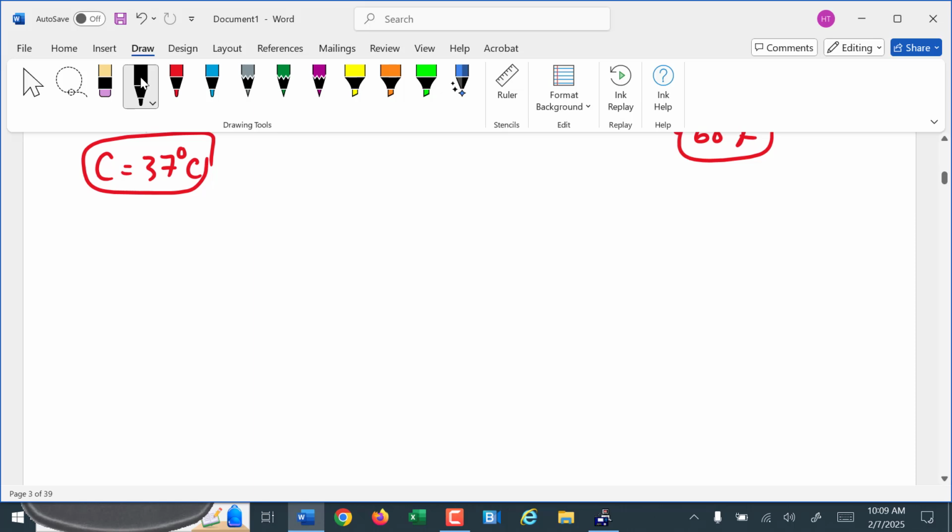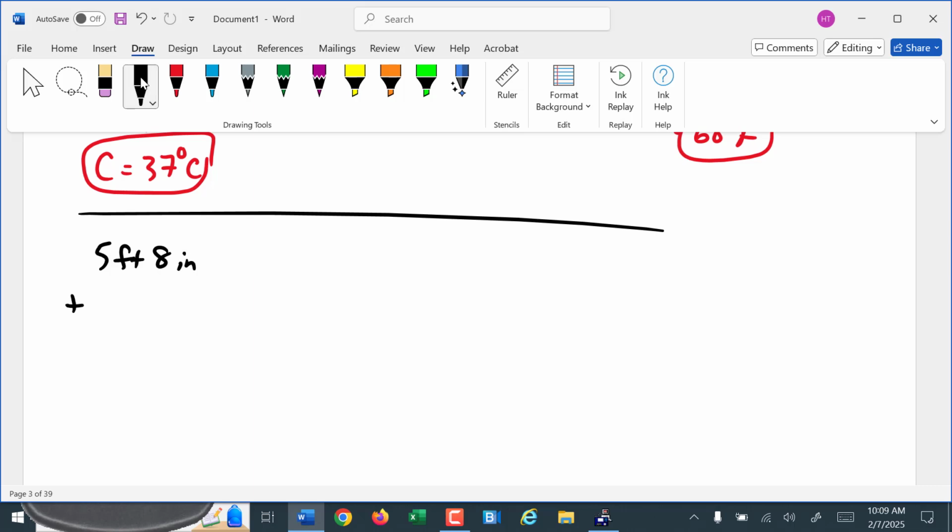The last thing that we need to know these conversions for is if I have 5 feet 8 inches plus 7 feet 6 inches, if we have to do any sort of calculation with them. Just like any other operation, we start on the right, work our way backwards.